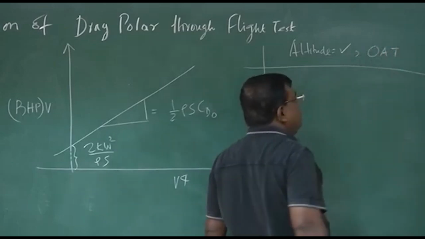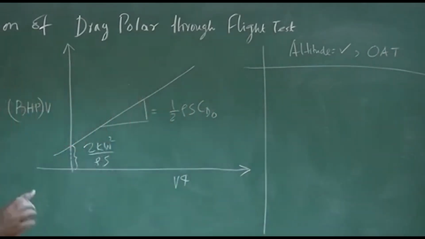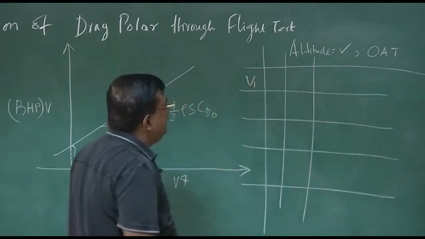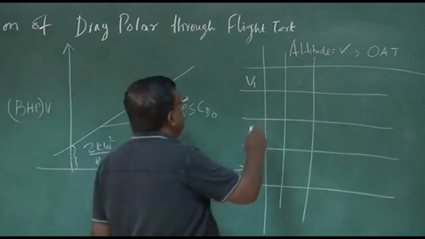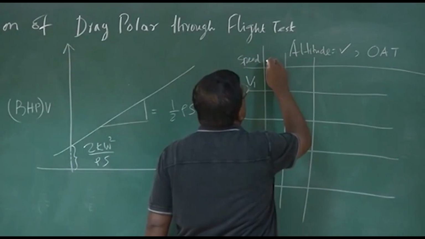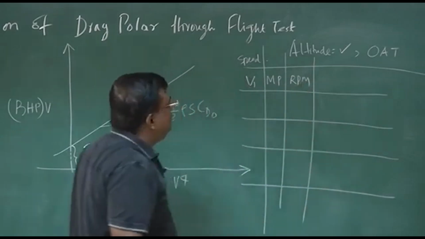Again, we have a gauge to measure outside air temperature. Now I ask the pilot to maintain a cruise with a speed V1. And what should I note down? I note down the speed, the manifold pressure, MP, and the RPM of the engine.